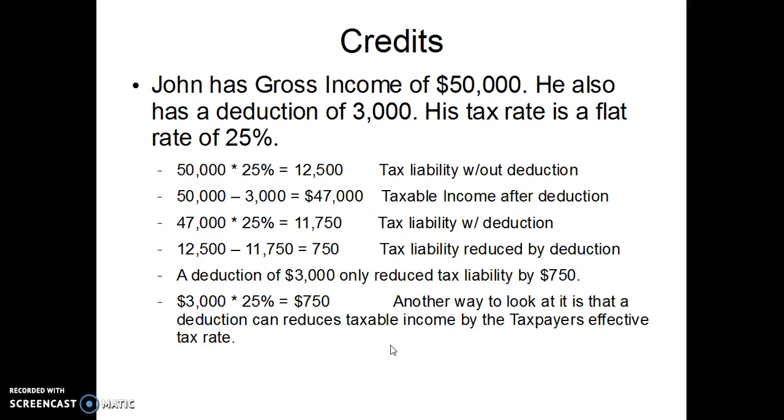This is a gross simplification, since there are other factors. So if someone was in a 10% tax bracket, they would only save $300. In this case, they are in a 25% tax bracket, so they save $750, because it's a direct correlation between their tax rate and the deduction.